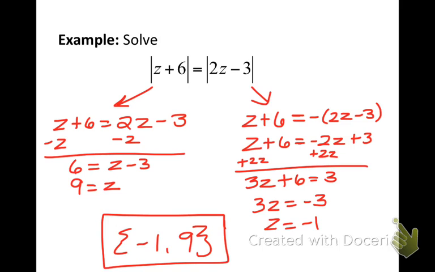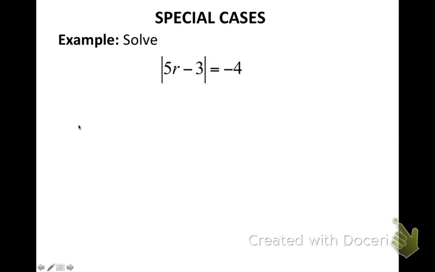All right, let's do the inequalities. Almost there. Oh, hold on, we better do this before we do that. Quickly write this: the absolute value of 5r minus 3 equals negative 4. Sorry, I forgot our special cases. Is there any possible way that I can get the distance away from 0 to be negative 4?